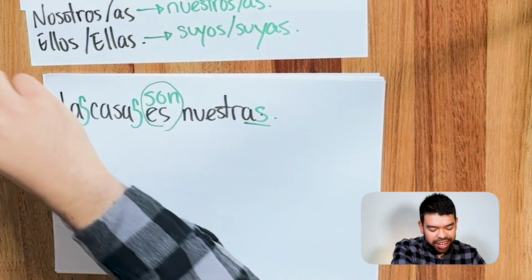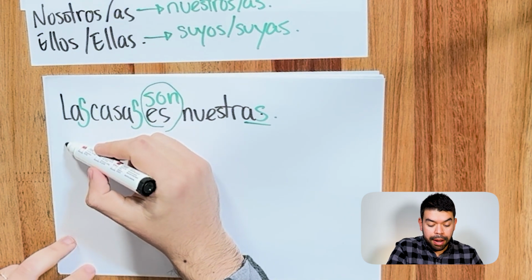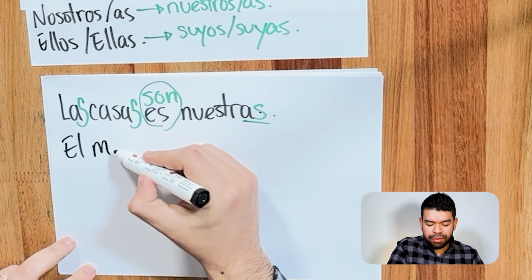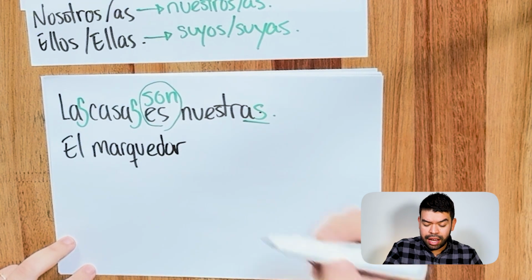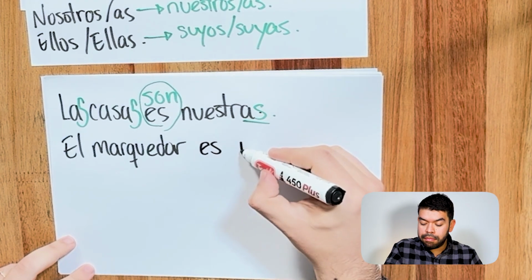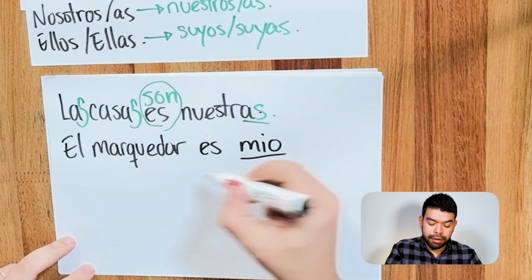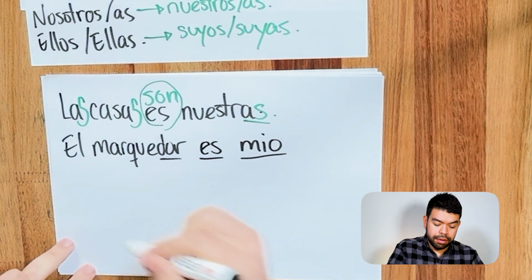Yeah, so that's just an example. Very good. Let's work on a different example and talk about el marcador, right? If you remember correctly, el marcador is a marker. El marcador es mío. The marker is mine. Sencillo.